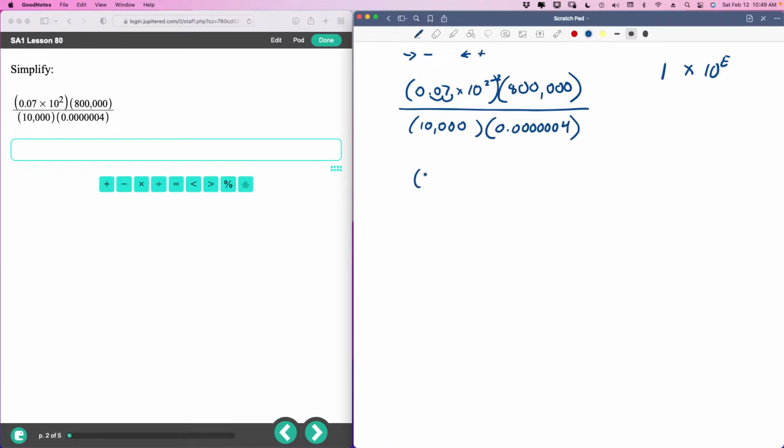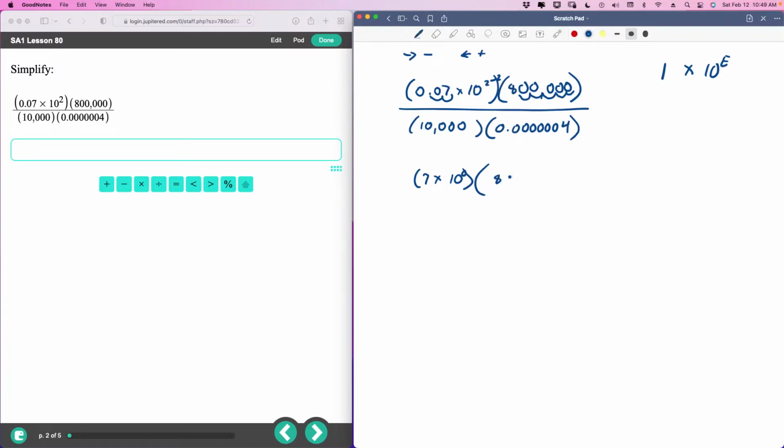So this is going to be 7 times 10, because 2 minus 2 is 0, right? And that's to the 0. We write that to the 0. This one, we have moving it 1, 2, 3, 4, 5 spaces.